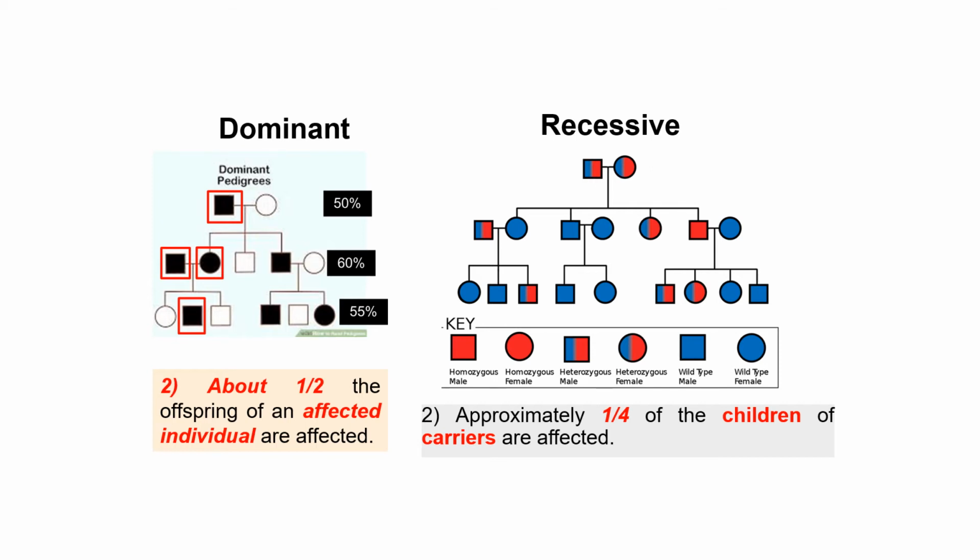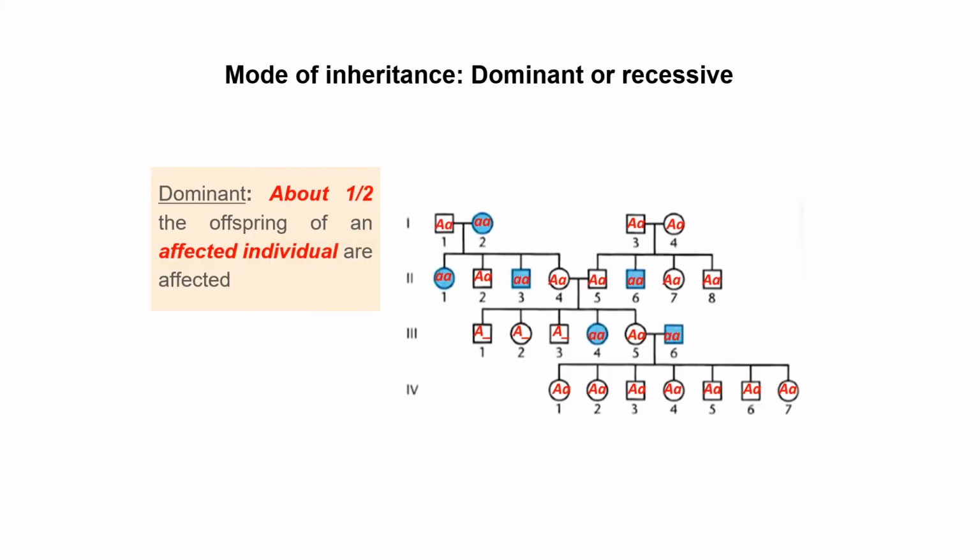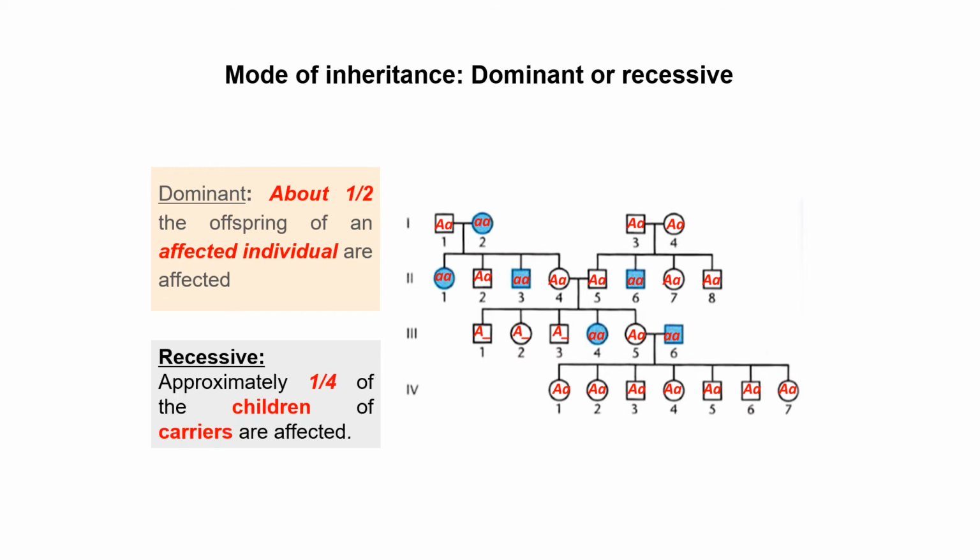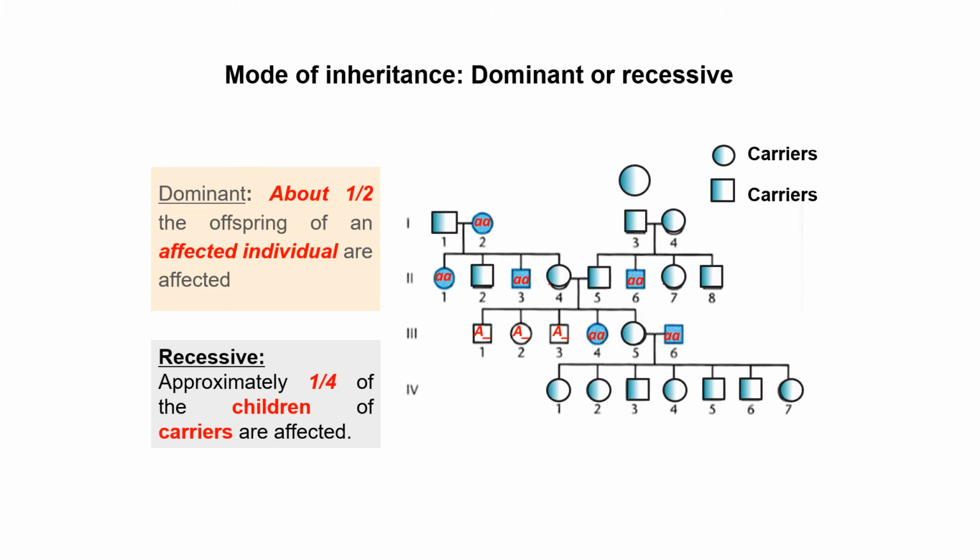So let's see here. If you see, there is very little blue, so it's much more likely that it is recessive. And here you can start drawing the carriers. So it will look something like this. These are the carriers, and this will be the dominant.